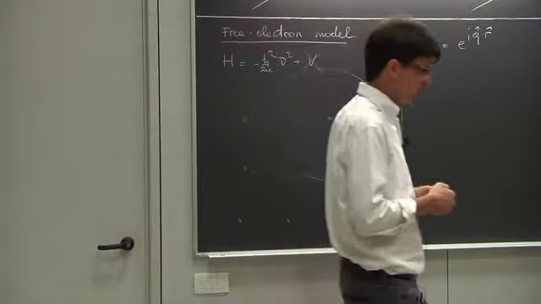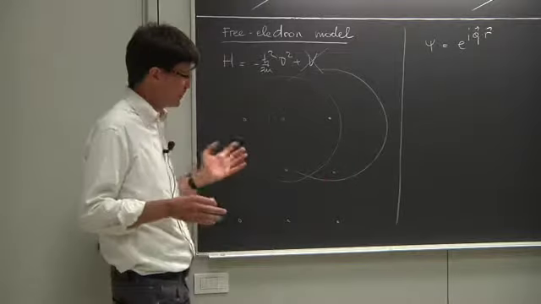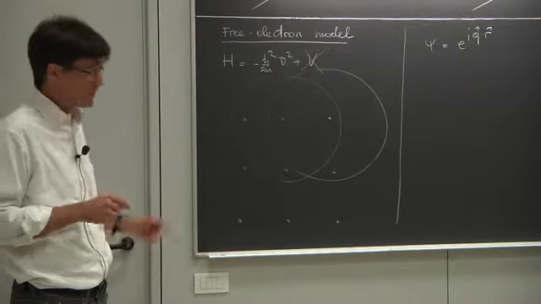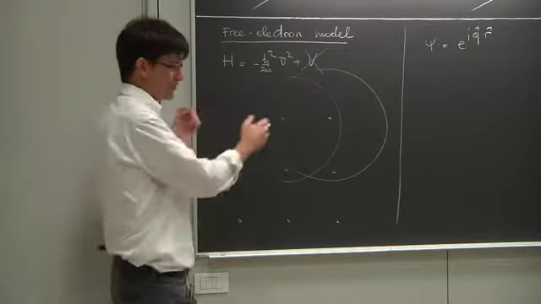But in addition to that, it also has the discrete symmetry of the lattice. So in principle, solutions of the problem with V equals 0 must obey Bloch's theorem for any Bravais lattice, in particular for the one that we're dealing with. Suppose we are in a Bravais lattice, the potential is 0, and now we're going to classify the solutions of the free electron problem according to Bloch's theorem with this Bravais lattice. We can do that, because a constant potential is a periodic potential, so it must satisfy Bloch's theorem.